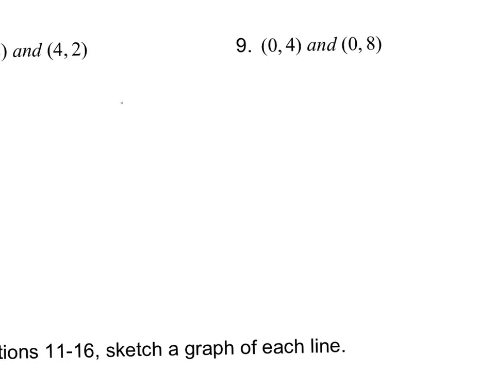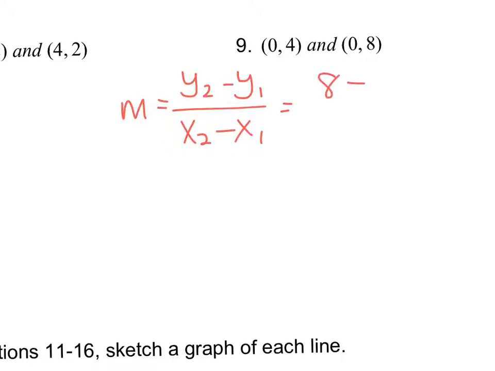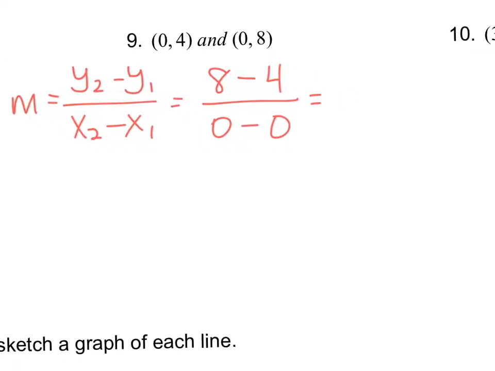So this one, when we start to go through the formula, m is equal to change in y, y2 minus y1, divided by change in x, x2 minus x1. And my y2 is 8, my y1 is 4, and my x2 is 0, and my x1 is also 0. So here we get 8 minus 4 is 4, and 0 minus 0 is 0.